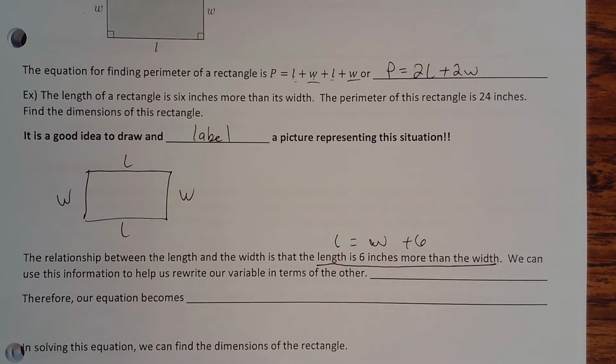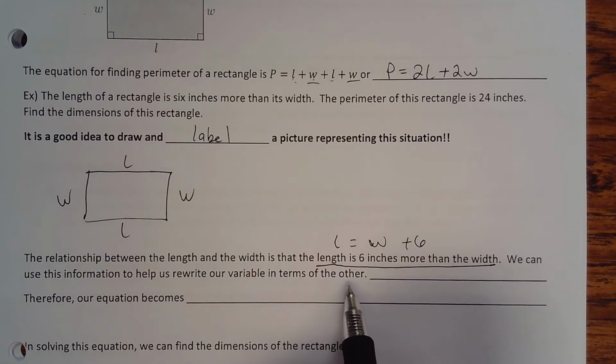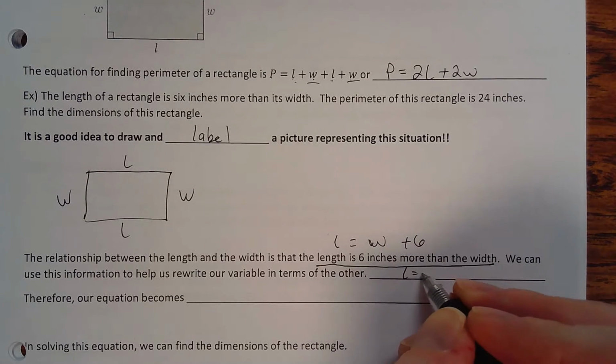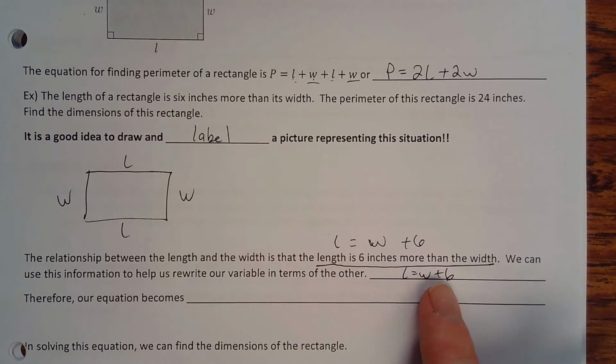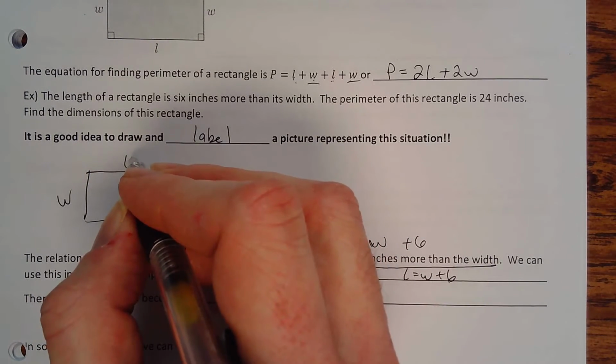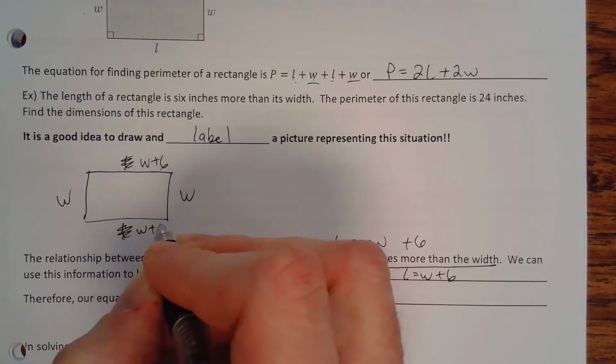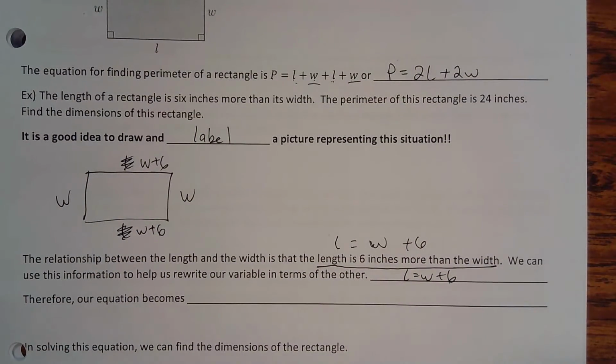What that does is we can use this information to help us rewrite our variable in terms of the other. So L equals W plus 6. Go up here, wherever you see an L, replace it with W plus 6, because that's what L is, so we can replace it.